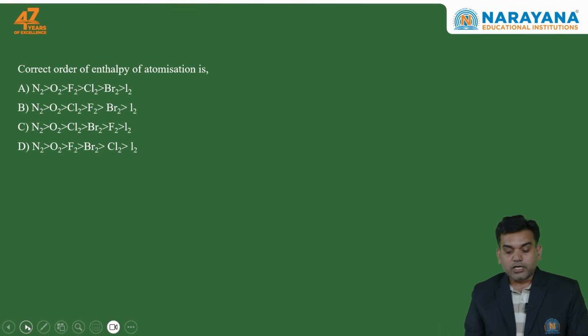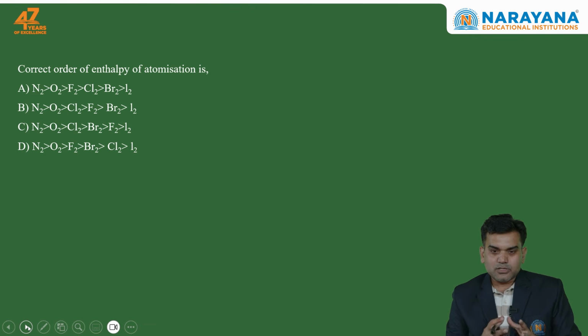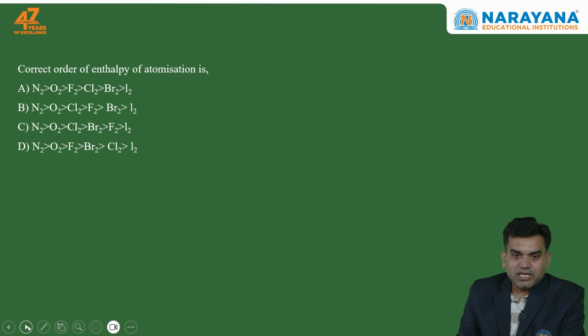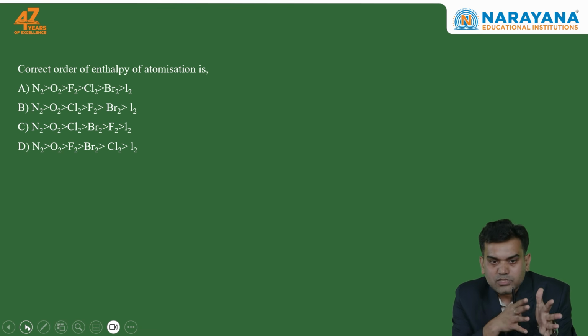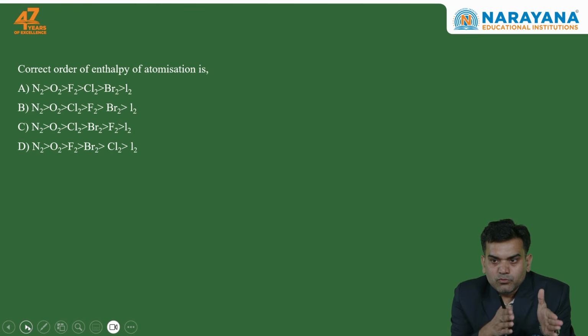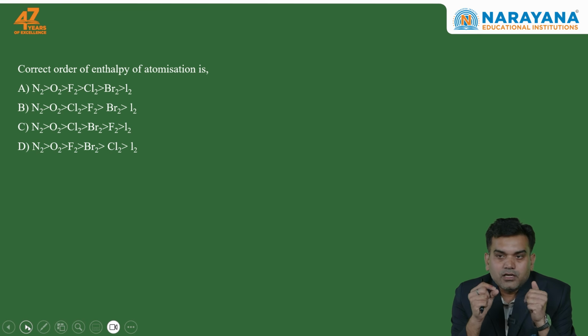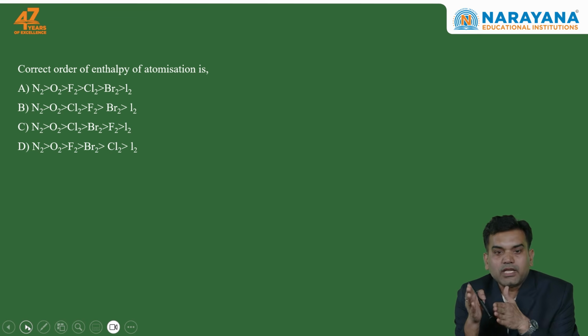The correct order of enthalpy of atomization is, okay, this is again a fact-based question where you have to remember the order. When we compare the enthalpy of atomization, we find that the value for nitrogen is more than that of O2. And moving from oxygen to fluorine, the value of oxygen is more than that of fluorine.